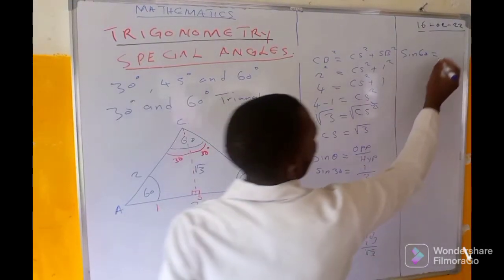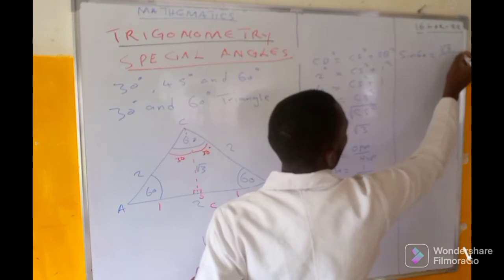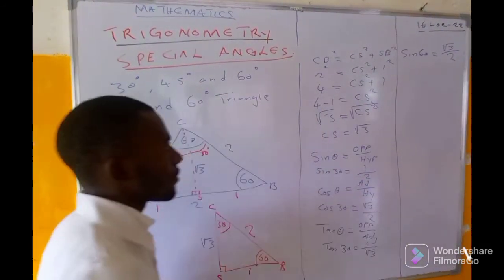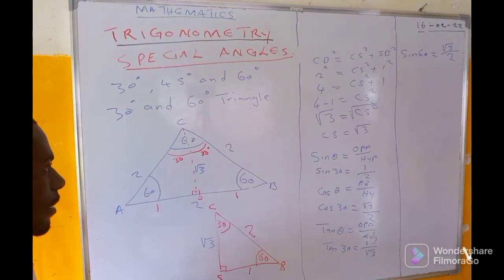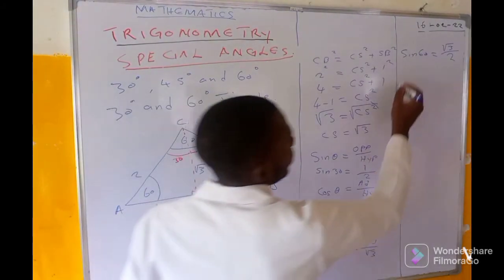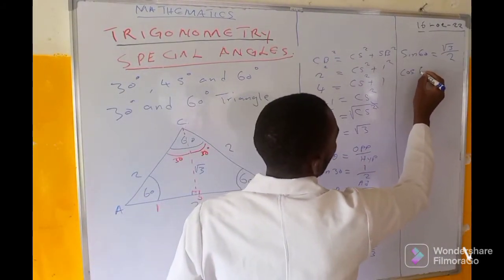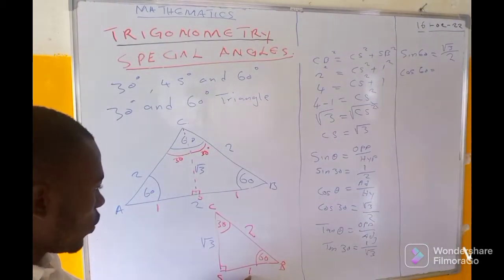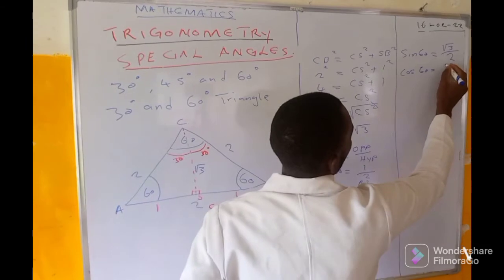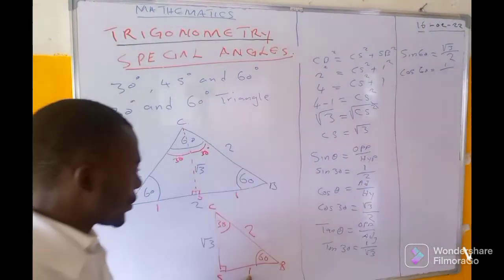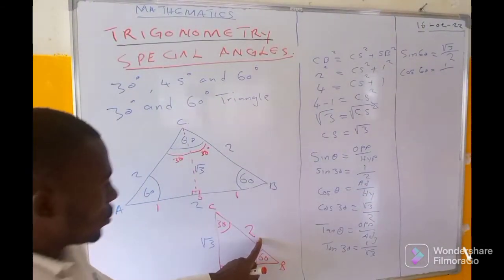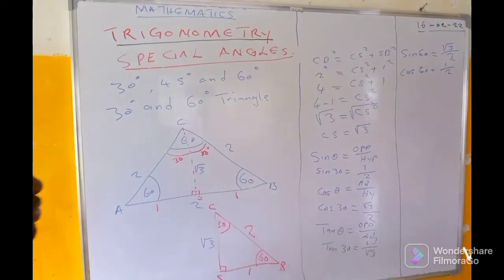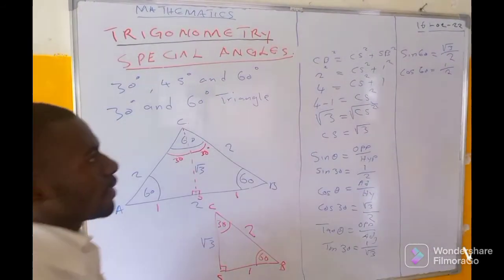Opposite is the square root of 3 over hypotenuse, which is 2. Then from there we go to what? To cos. Cos 60 is equal to adjacent, which is 1, over hypotenuse, which is 2. So cos 60 is equal to 1 over 2.